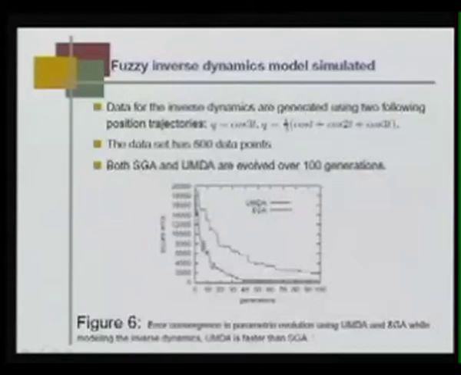Okay. So, data for the inverse dynamics are generated using two position trajectories. In one case the desired trajectory is cos 3t, and in the other case the desired trajectory q is 1/3 cos t plus cos 2t plus cos 3t, and using these two trajectories we generated 500 data points.